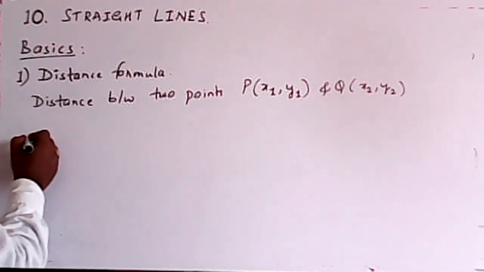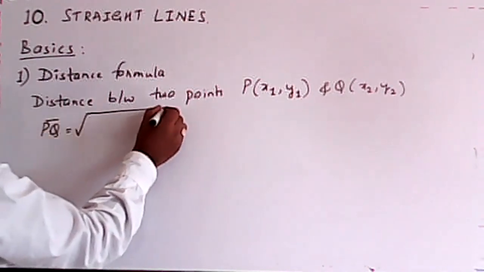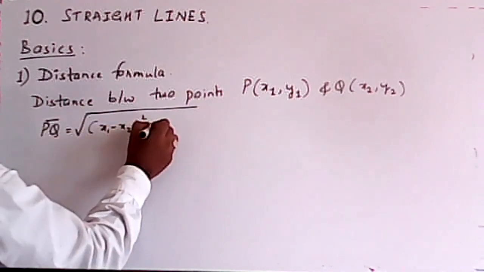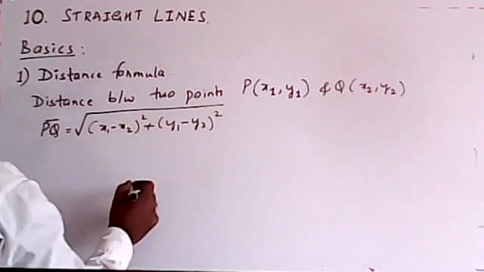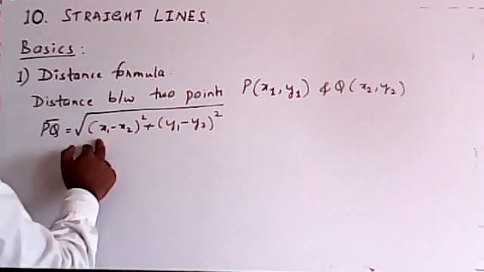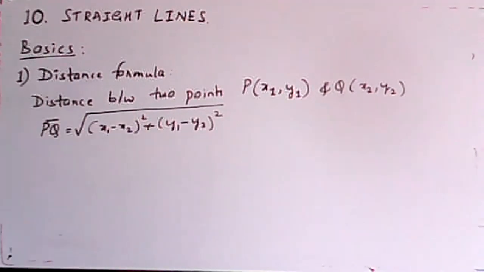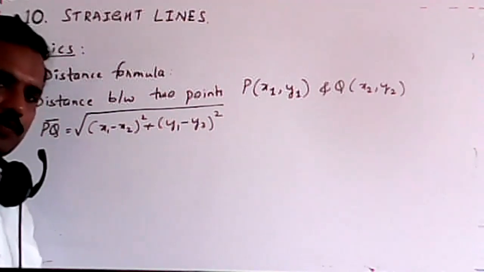This will be given as PQ is equal to root of x1 minus x2 whole square plus y1 minus y2 whole square. You can write x2 minus x1 or x1 minus x2, to the square means it is again positive, no question arises there. So I need not get confused, okay?